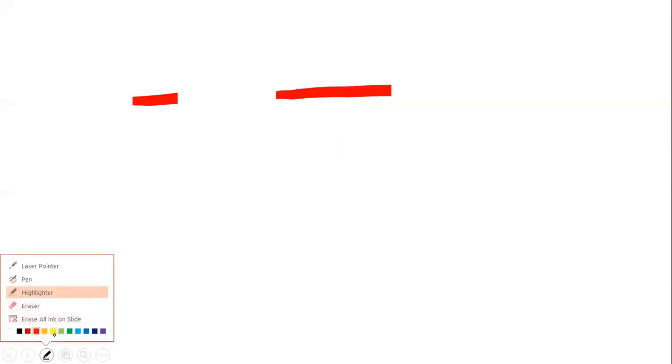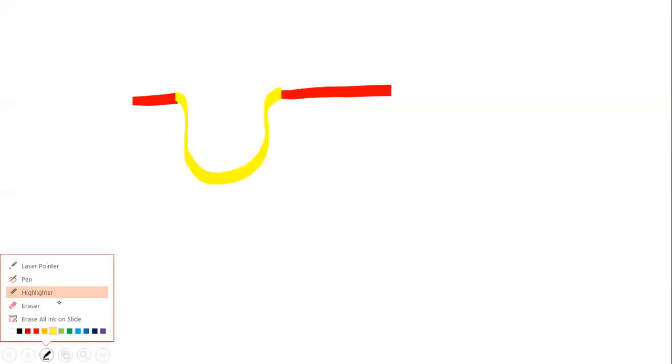So this is my surface ectoderm, and this is the forming neural groove, and at the junction I have a group of cells called neural crest cells.